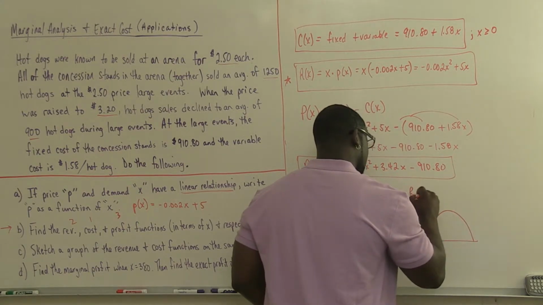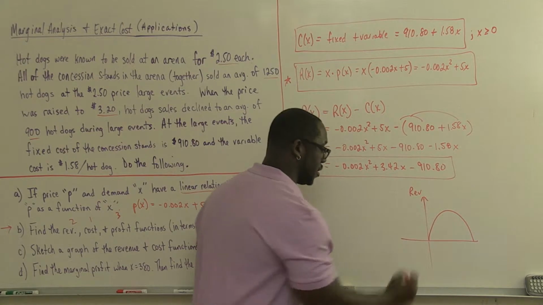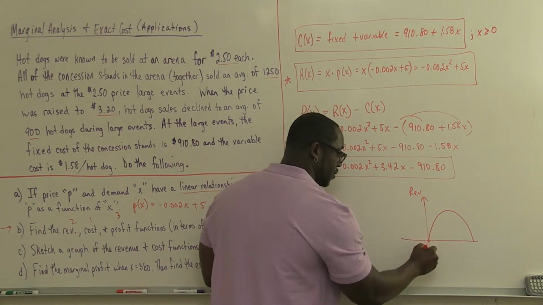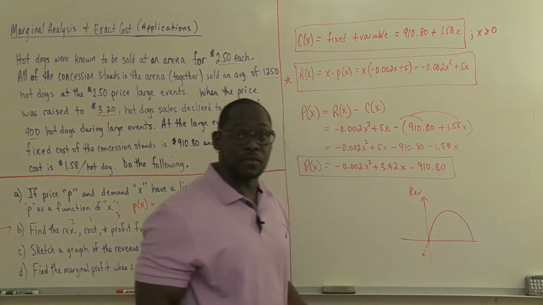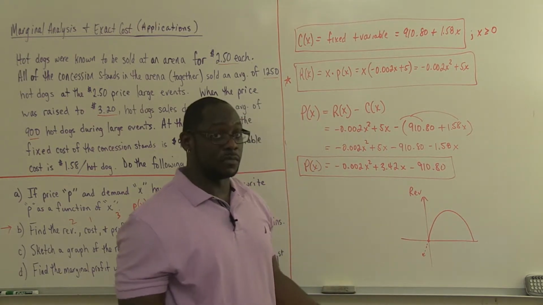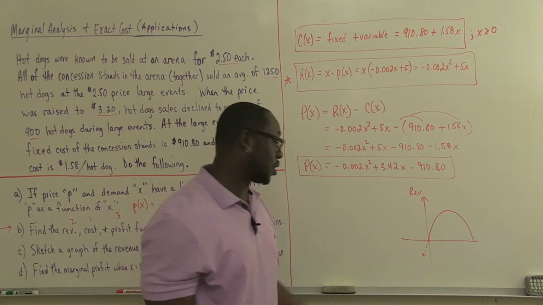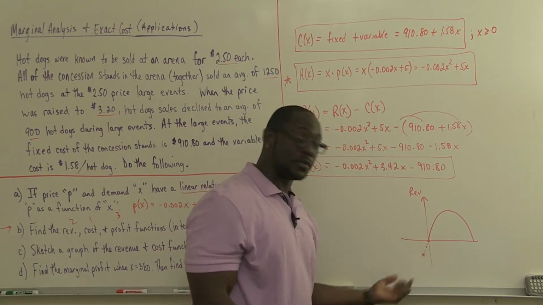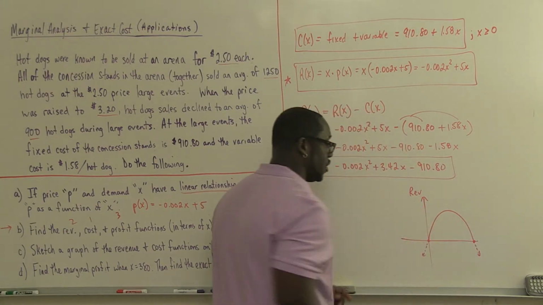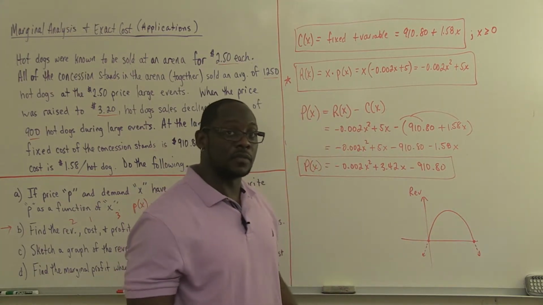And if this is revenue, then anything below, as it keeps on going down, is negative revenue, which means you're basically giving product away, which doesn't make any sense. So you wouldn't want to go on the negative side, of course. And same thing here.